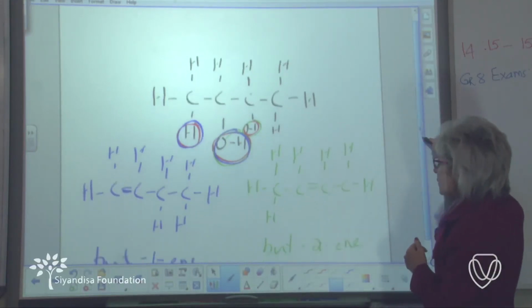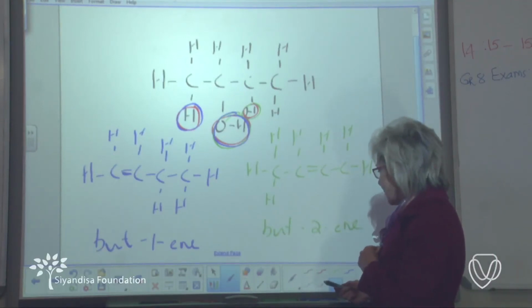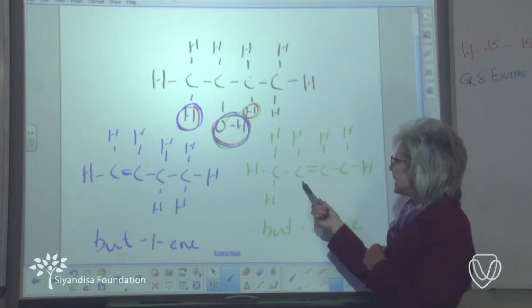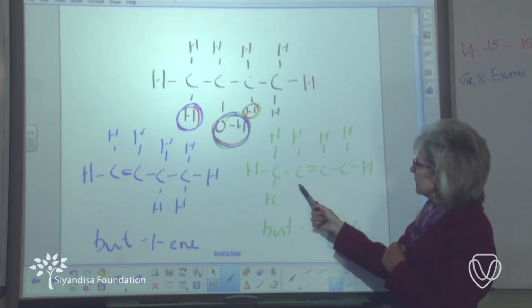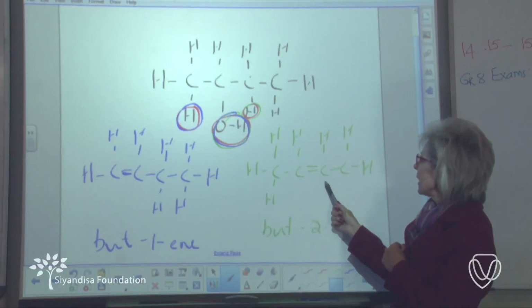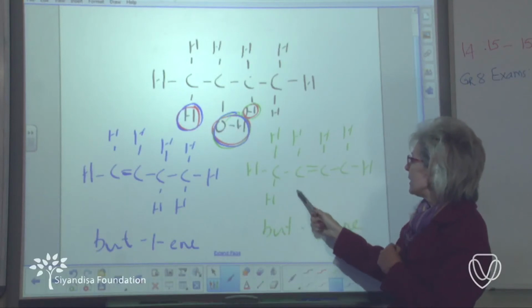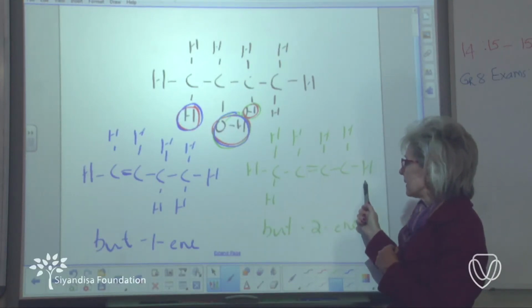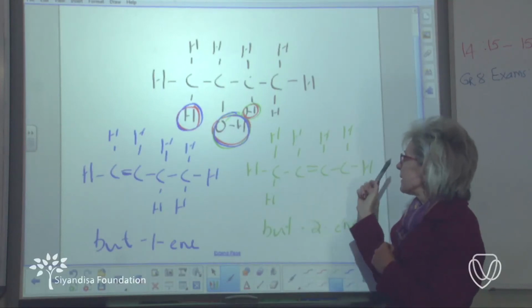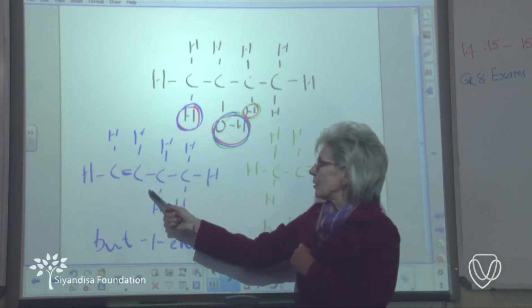HBr will be added at the double bond. If I add H here and Br there, I'm going to get 2-bromobutane. If I add Br here and H here, I'm going to get 2-bromobutane again. So that means that this cannot be compound P. So then this one has to be compound P.